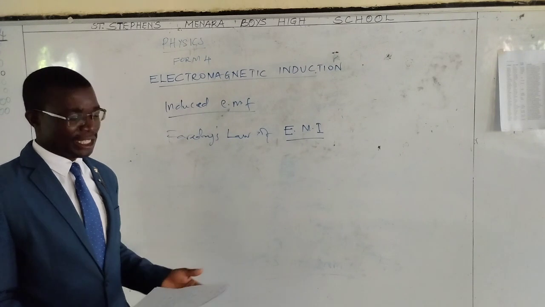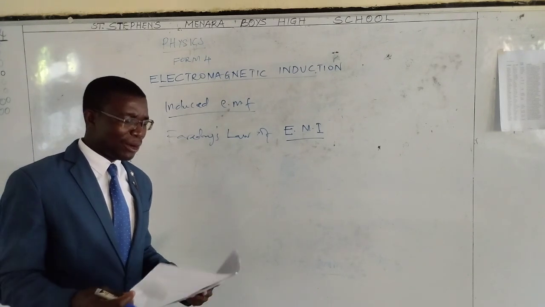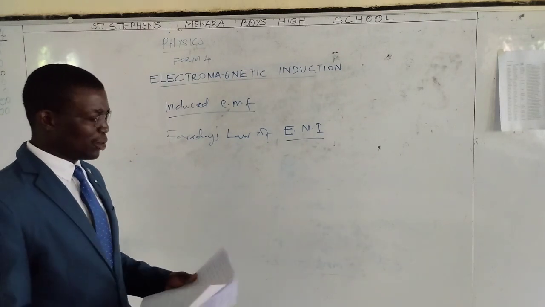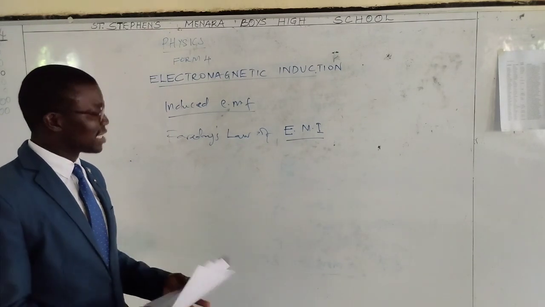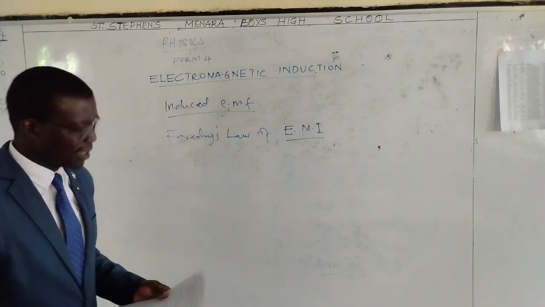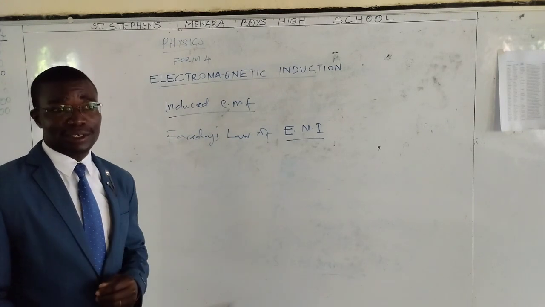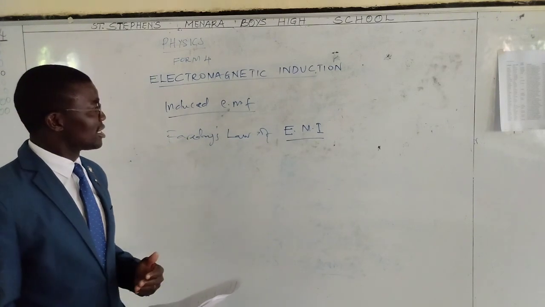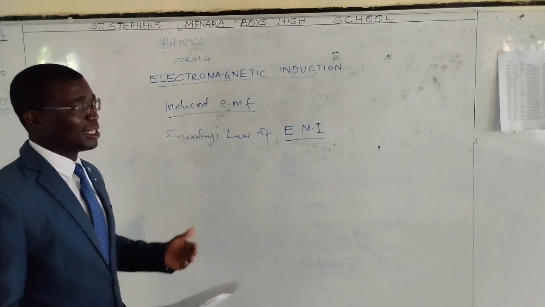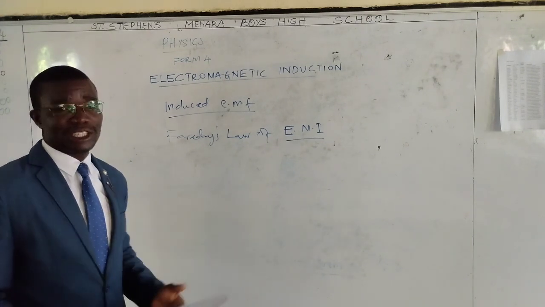So then how do we state it? This law states that the magnitude of induced EMF is proportional to the rate of change of flux linkage, which means the amount of induced EMF will be increasing with increasing rate of change of flux linkage.